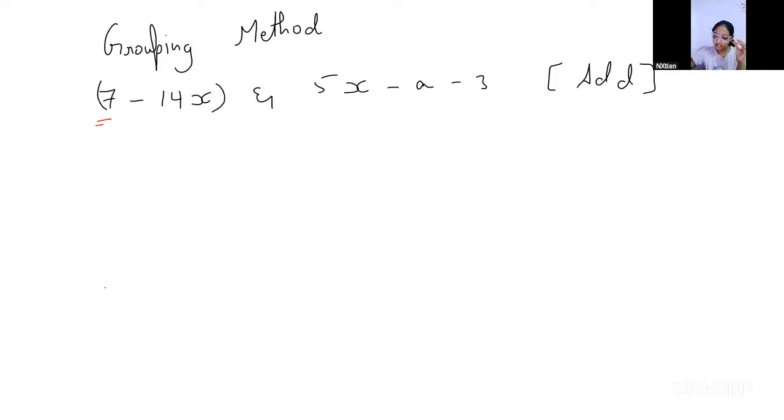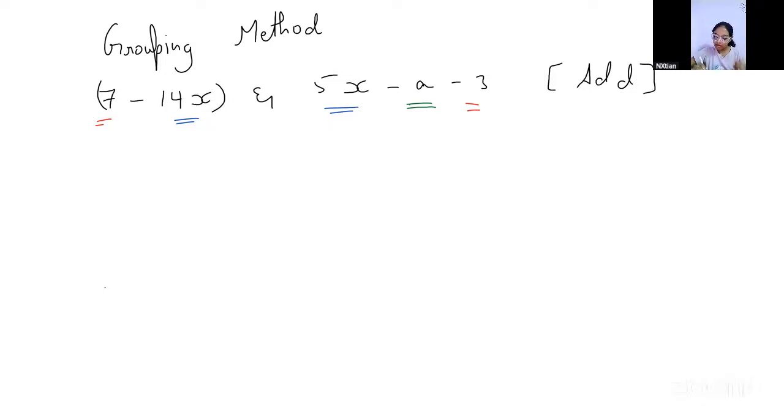And 3 is also a single number, right? Then 14x and 5x, both have x, so they are like terms. Then we have a, all alone, no companion, so we are going to take that at the end. Now we will put them together.